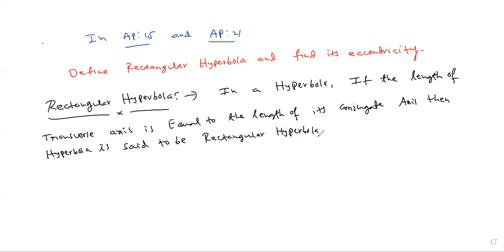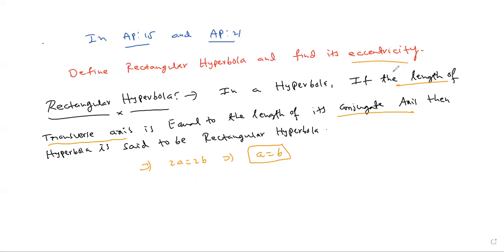That means 2a is equal to 2b, which gives a is equal to b. For rectangular hyperbola, the simple condition is a equal to b.